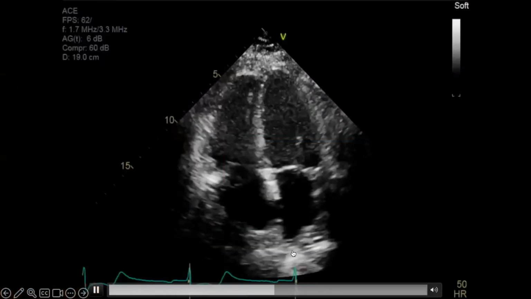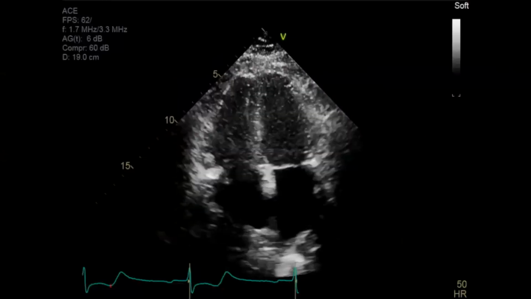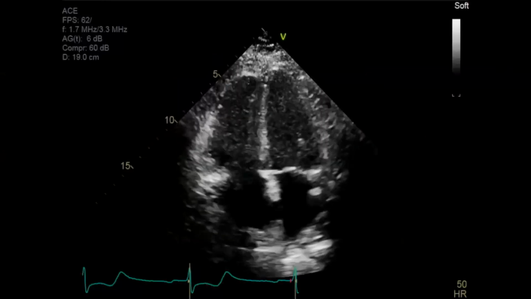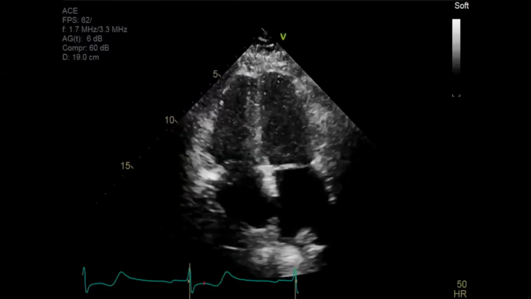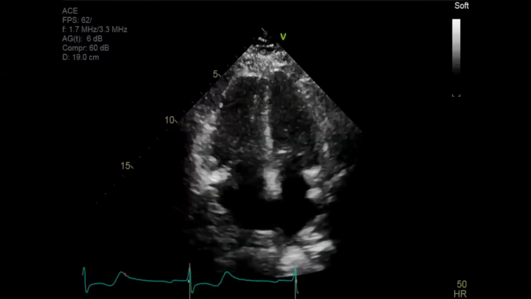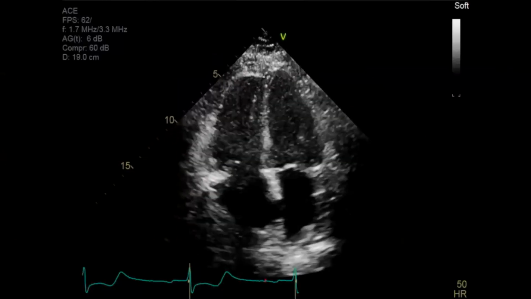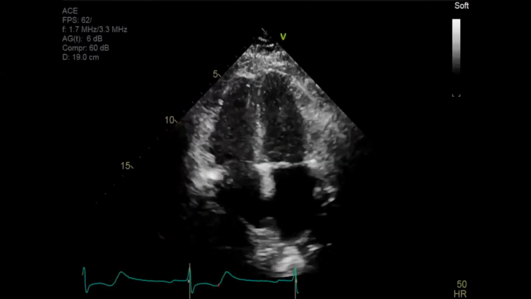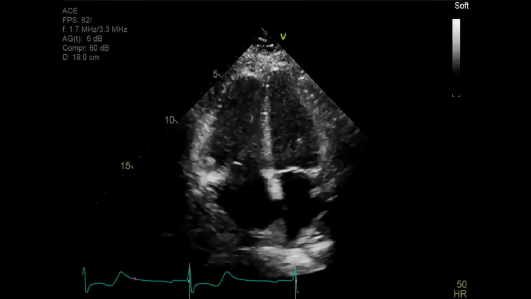It does perfuse in systole and diastole, and it's generally thought to be more resistant to myocardial infarction. Even in cases of RVMI, persistent RV dysfunction is actually quite rare, and it does tend to recover, but especially with cases of inferior STEMI, we can see extension to the RV.